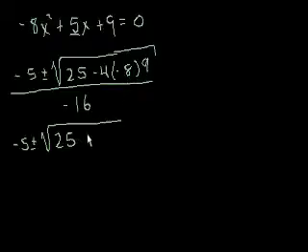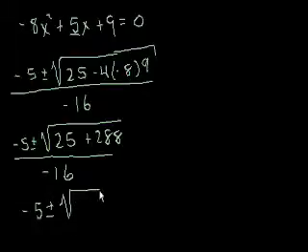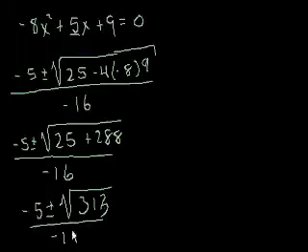It's 288. 288, I think, right? 32, 30, 270, and then we have 288. We have all of that over minus 16. Now simplify it more. Minus 5 plus or minus the square root. 25 plus 288 is 313, I believe. 313. And then all of that over minus 16.